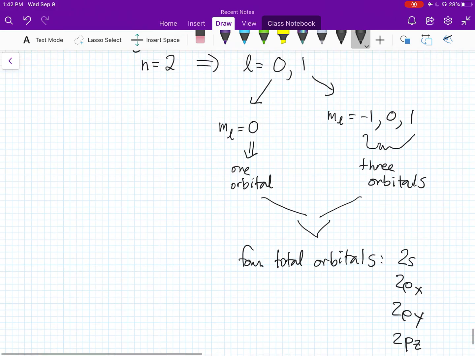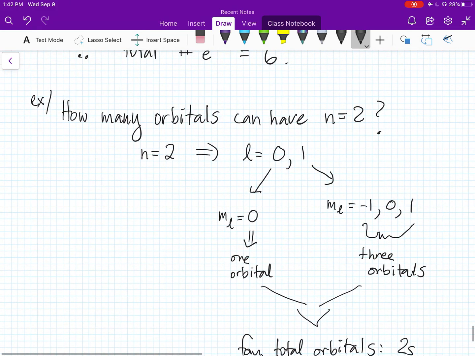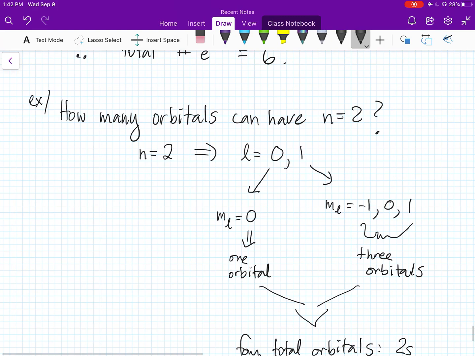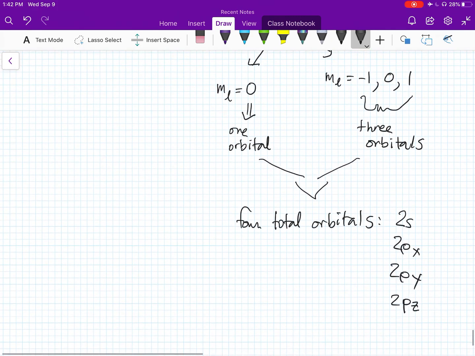So the answer here would be that there are 4 total orbitals that can have n equals 2 in an atom, and these are their designations. Of course, each of them can house 2 electrons, so you could house 8 electrons total in the n equals 2 principal quantum level.